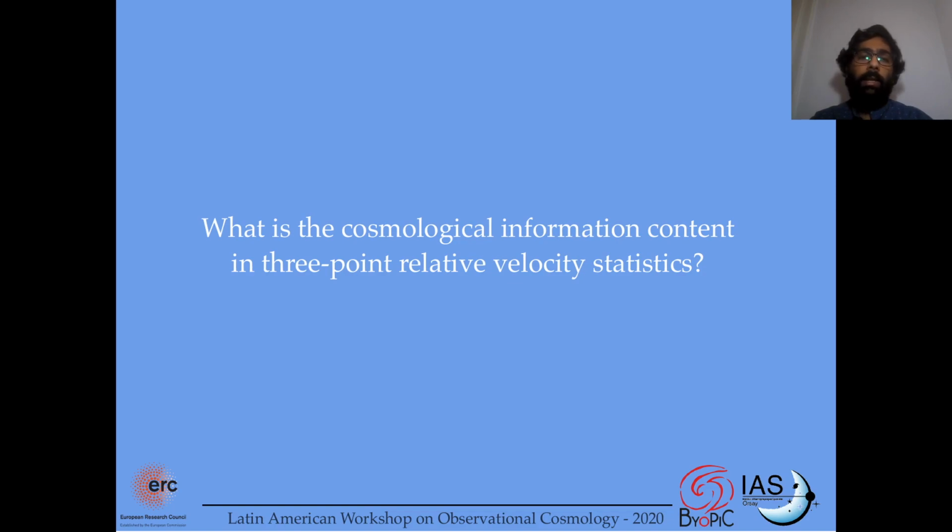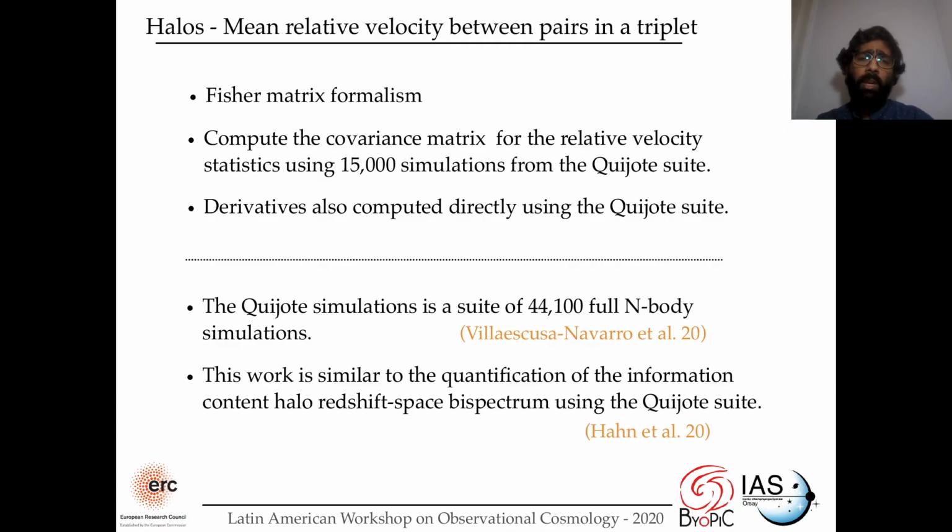The main interest comes from the fact that the pairwise velocity, which is the velocity information coming from the 2-point statistics, has been used in constraining cosmology, either to detect the kSZ effect, and it can also be measured directly from peculiar velocity surveys to constrain the growth rate. So here, to understand the cosmological information content, we use the Fisher matrix formalism.